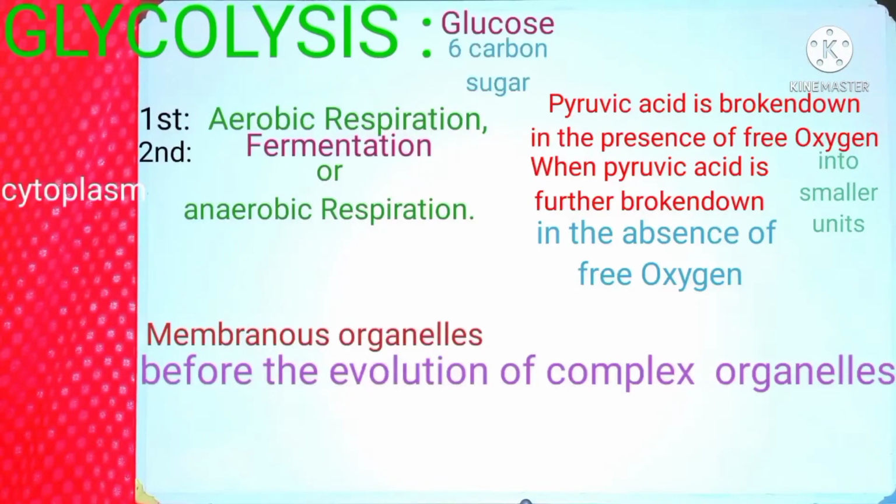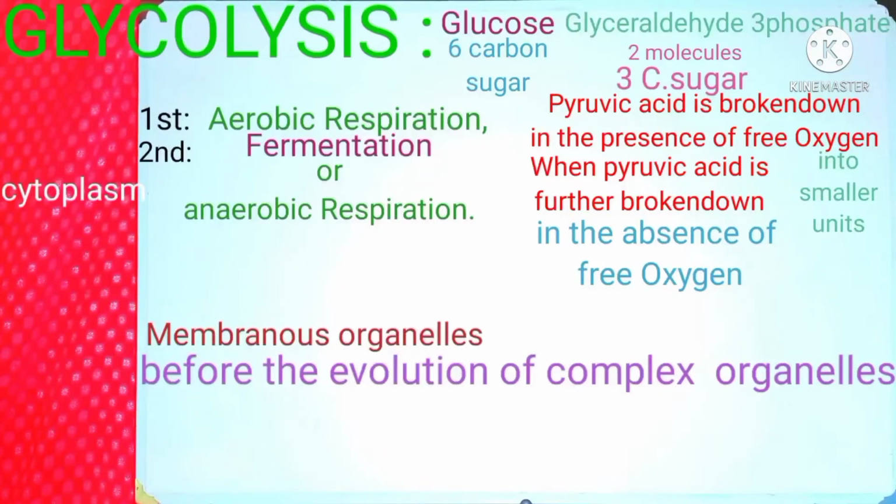Glucose, that is a 6-carbon sugar, is broken down into two molecules of 3-carbon sugar, that is glyceraldehyde 3-phosphate. These two molecules of smaller sugars are oxidized. Their remaining atoms are reorganized to form two molecules of pyruvate.